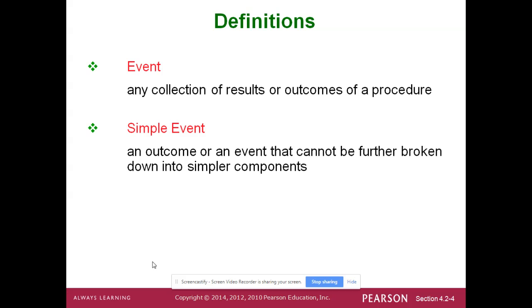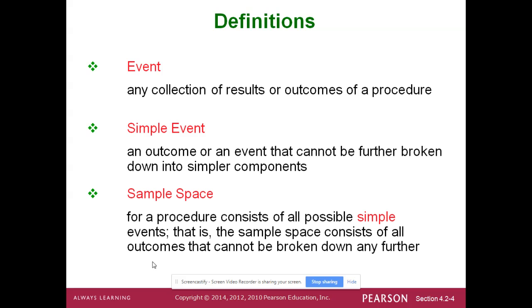Compound events are a little tougher to do, and we'll get into those. Simple events, though, are mainly what we're going to be dealing with today. Simple events can't be broken down into simpler parts or multiple steps. I think it's a good way to think: a simple event is a single thing that happens.